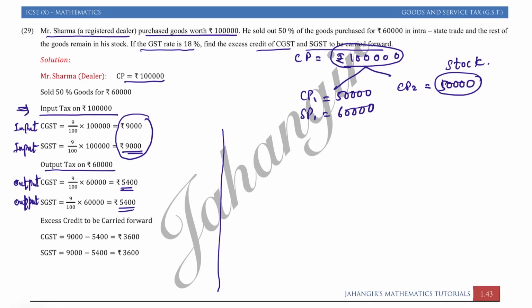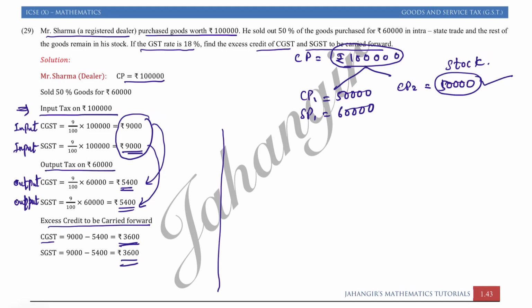So whatever is left, that is excess. Excess means he had paid more. Whenever he will sell the remaining, so he can recover that. So excess credit to be carried forward means CGST mein input minus output. Here also input minus output. Means 3600 he can carry forward in both case CGST and SGST.